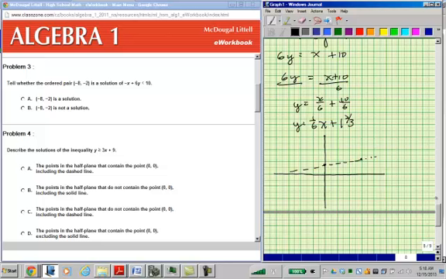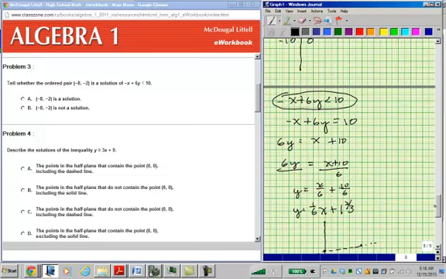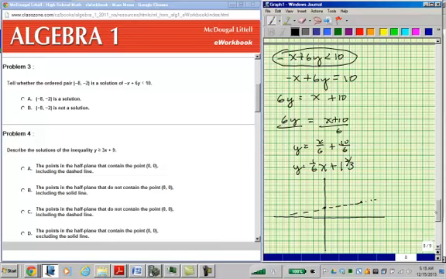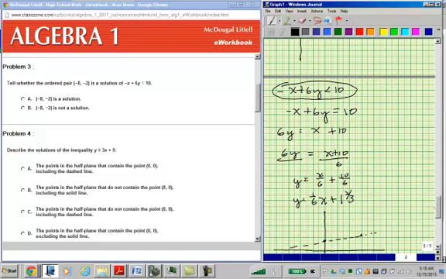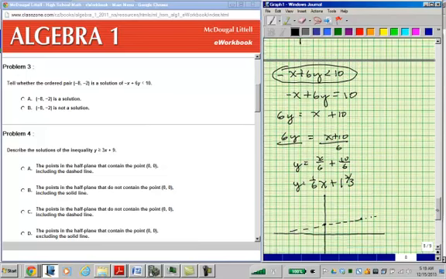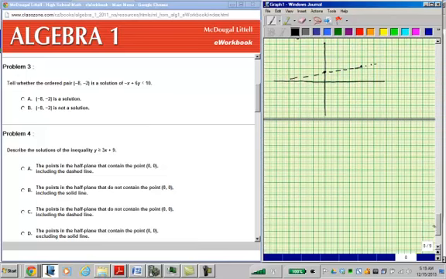We started out with negative x plus 6y equals 10. Then you would go back to the original inequality to find out where your solution is, like you did with the 0, 0.